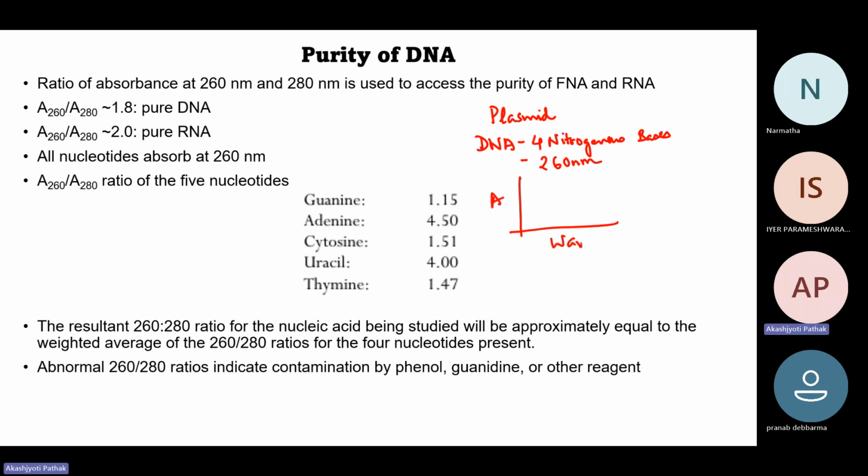So for example, this is your wavelength and you record its absorbance from, for example, 220 nanometer to 320 nanometer. Then you will find that if your sample has the nucleotides or nitrogenous bases, you will find a peak at 260 nanometer and a short peak at 280 nanometer.